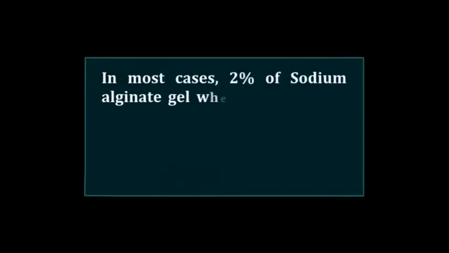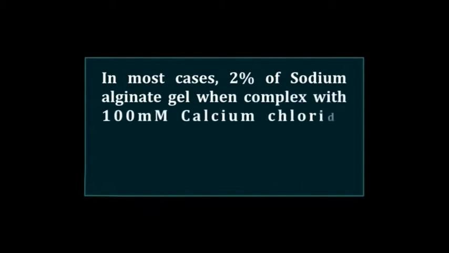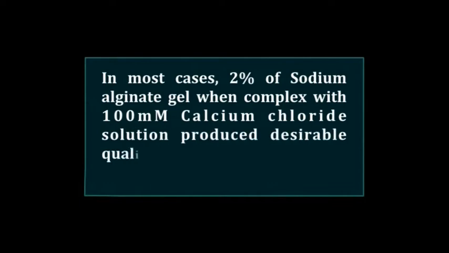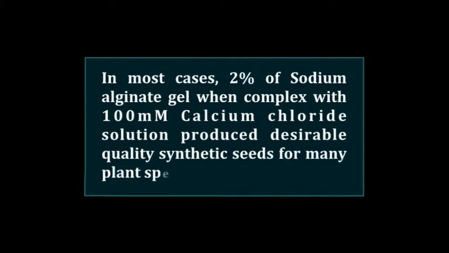The hardness and rigidity of capsules mainly depend upon the number of sodium ions exchanged with calcium ions. In most cases, 2% sodium alginate gel when complexed with 100 millimolar calcium chloride solution produces desirable quality synthetic seeds for many plant species.